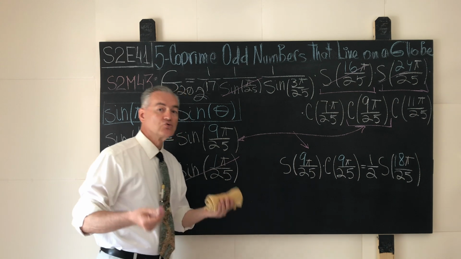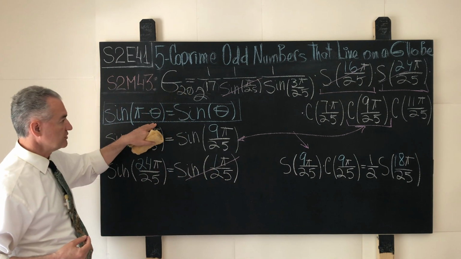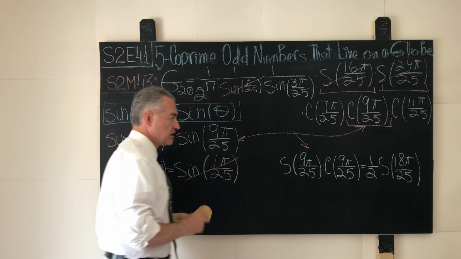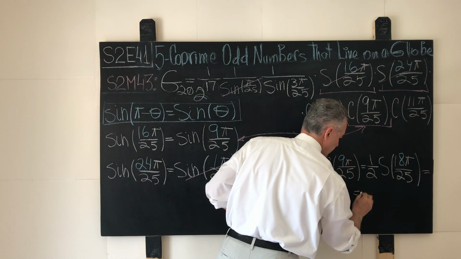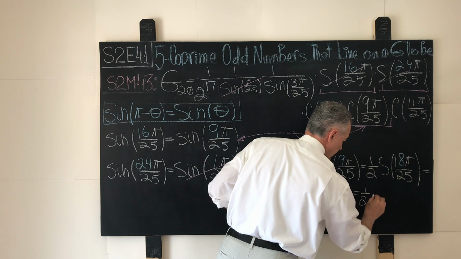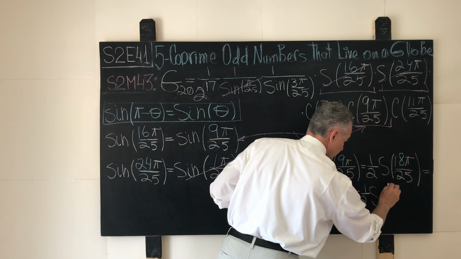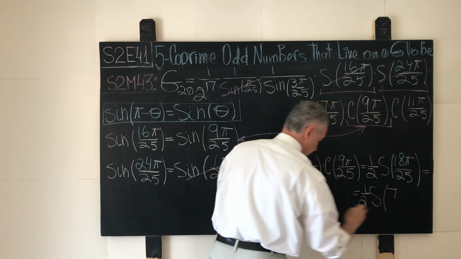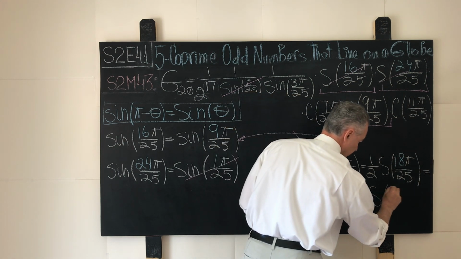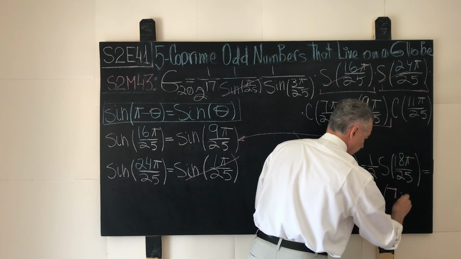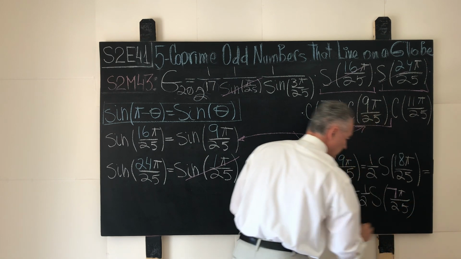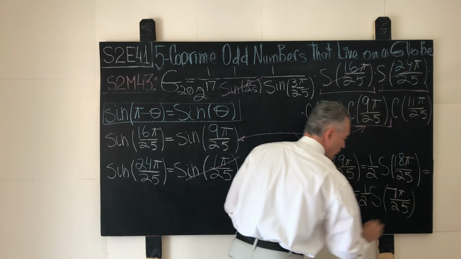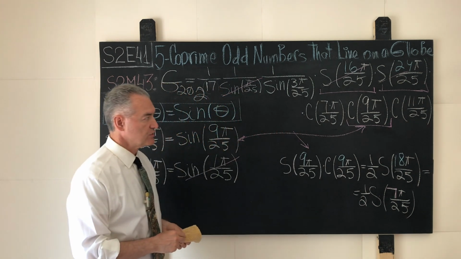But again, according to the same formula, this formula over here, this can be rewritten which way? This becomes 1/2 of the trigonometric function of sine of what? 7, let me even highlight it for you, 7 pi over 25.